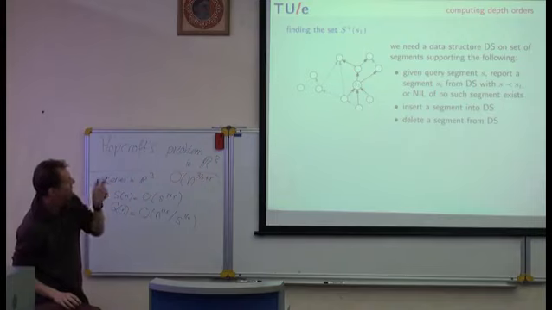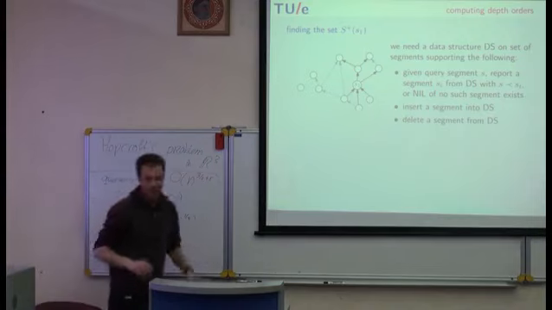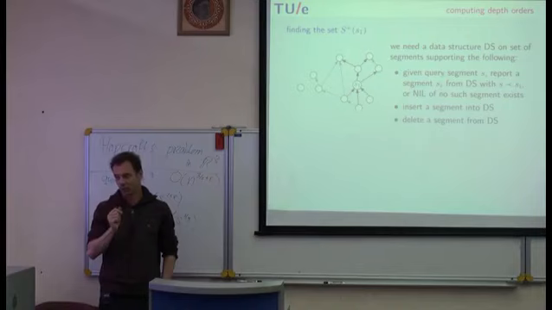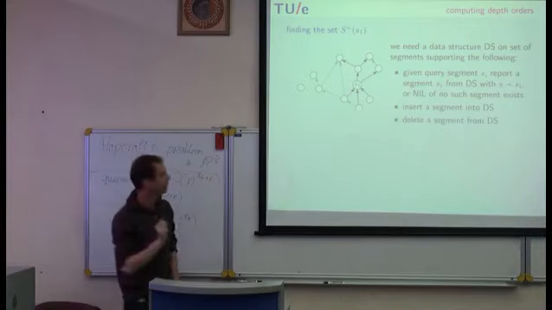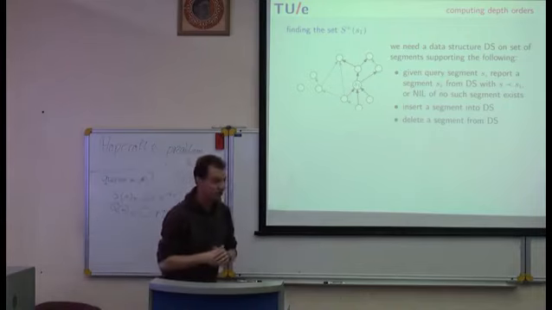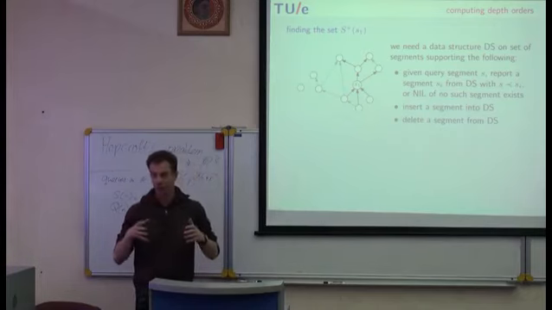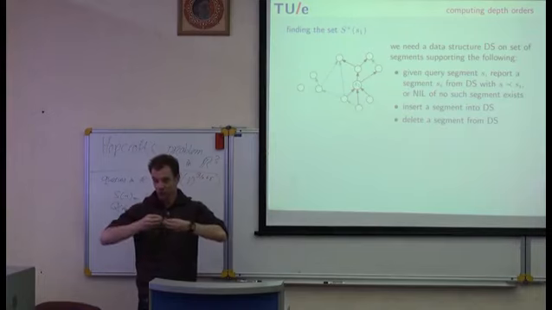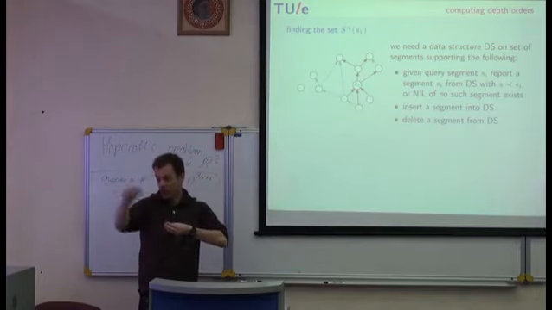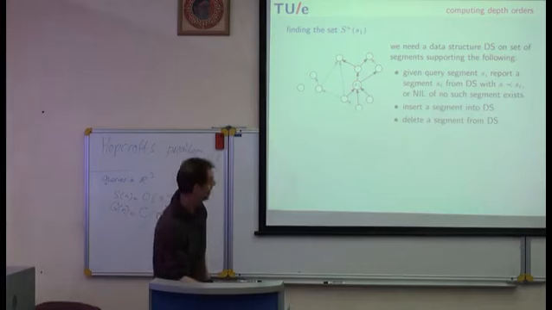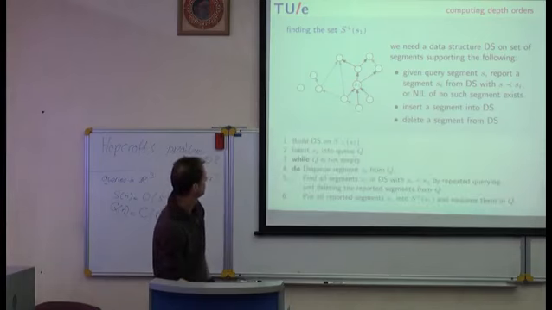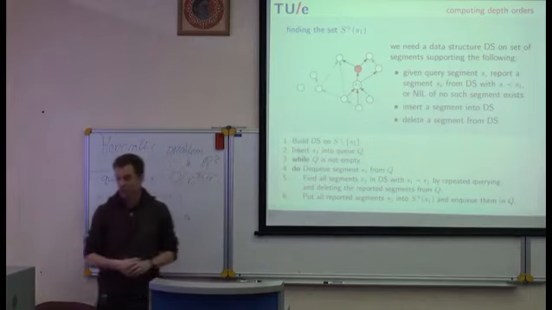So this is the data structure. Now let's just think about finding the red set. I have my S1. If I do a query with S1, I get one of the segments which is above it, for instance this node.